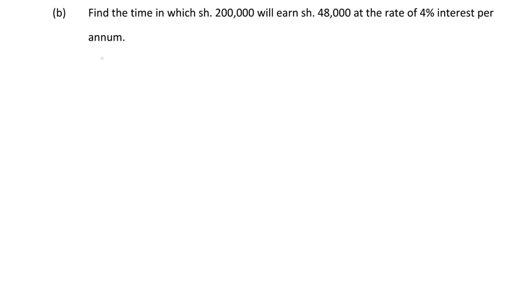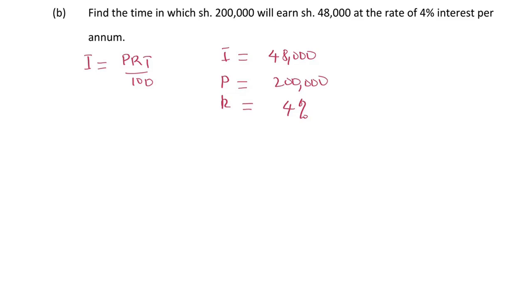Let us recall the formula to find the interest, which says I equals PRT over 100, of which I is an interest which we've been given as 48,000. P is a principal amount which we've been given as 200,000. R is interest rate which we've been given as 4%. And T is a time for investment.